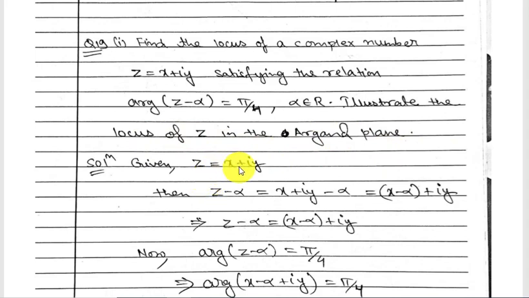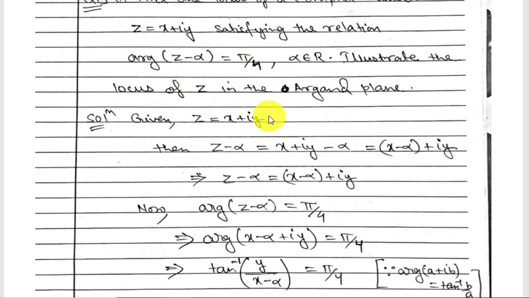Here z is given as x plus iy, and they want us to tell which complex numbers will satisfy this expression. So let us start with this.